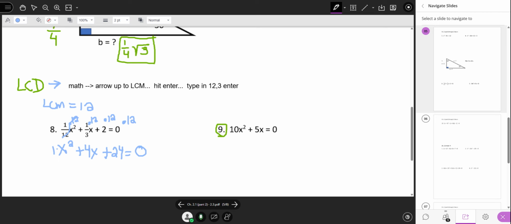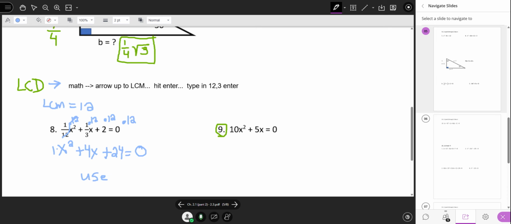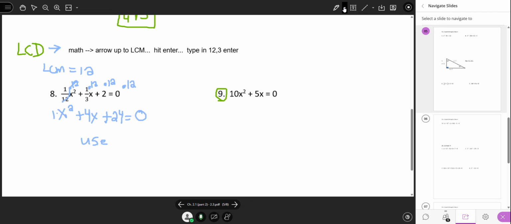So from here, factoring won't work. You can use the quadratic formula. You could use completing the square. Either one.